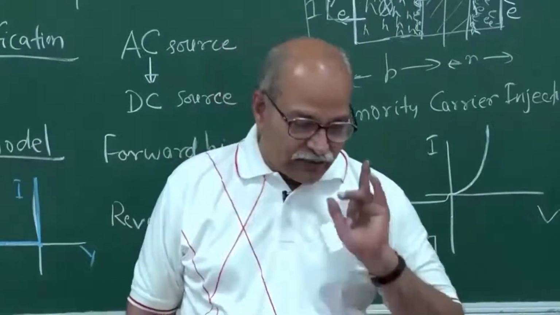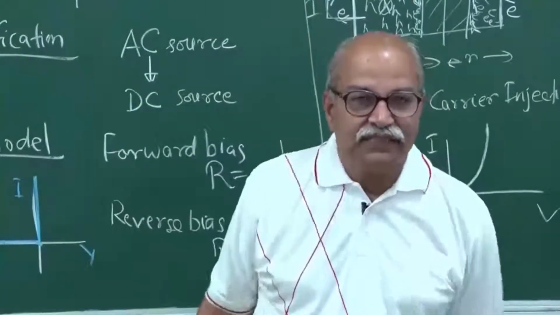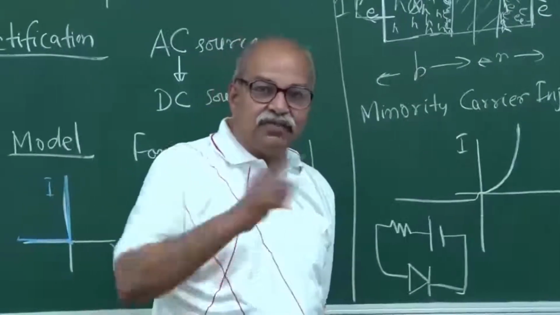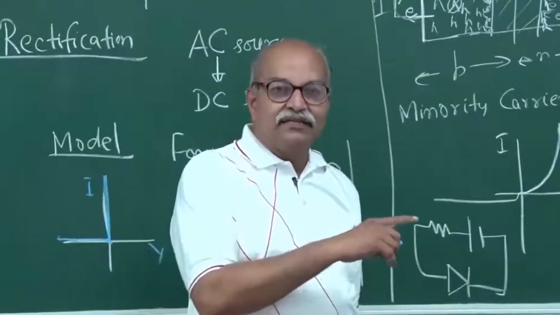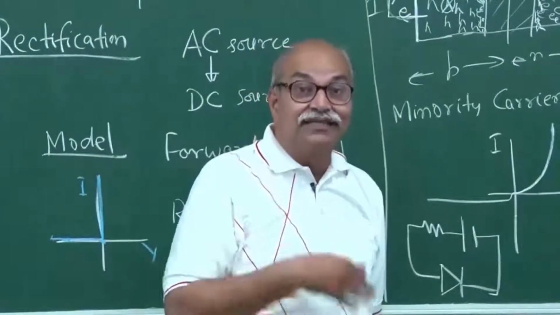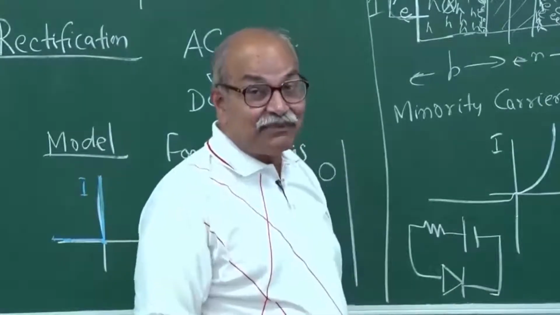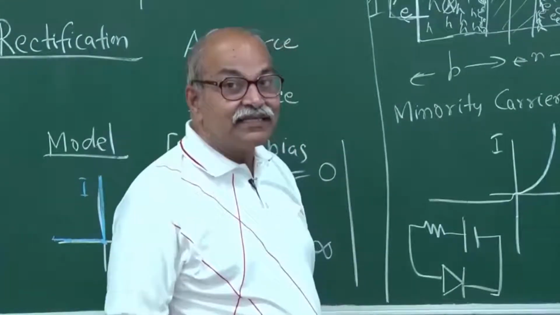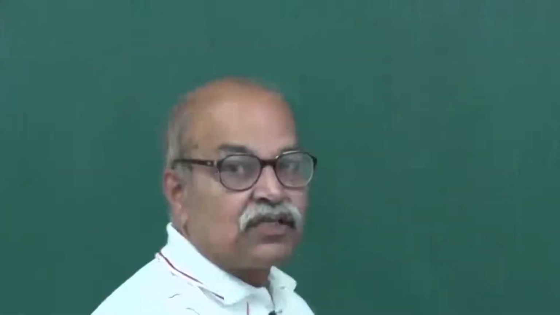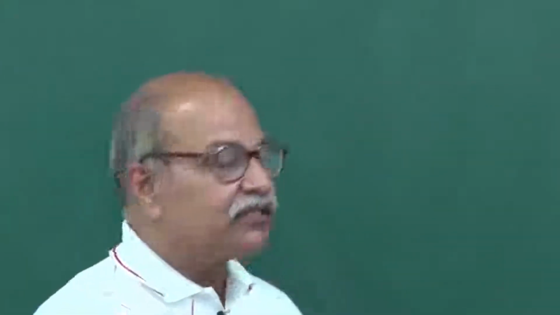Okay, so let me talk more about this rectification, how it is done, or at least how the basic unit can be developed using this diode. Suppose you have an AC source.